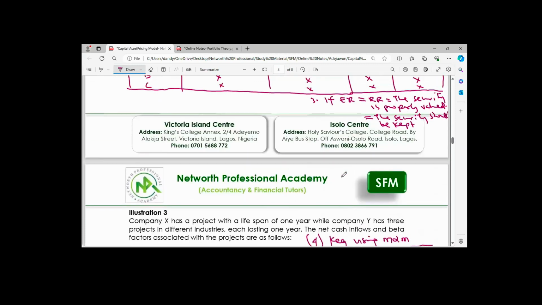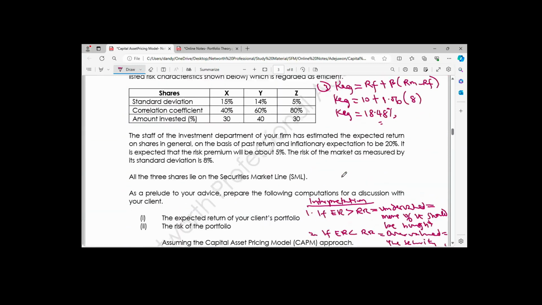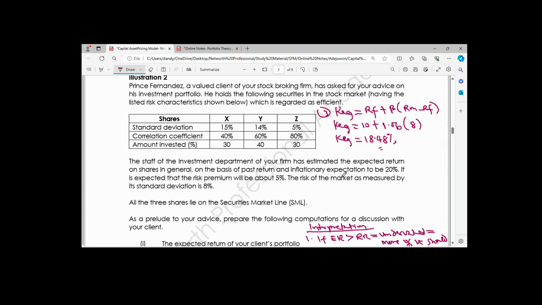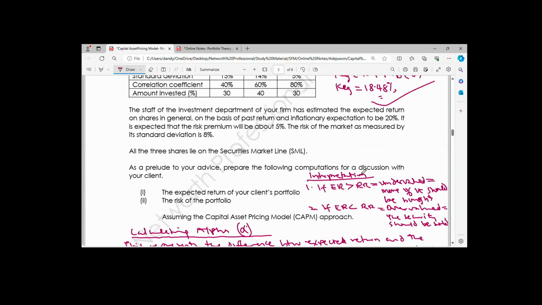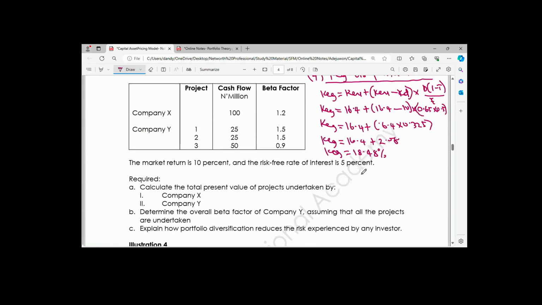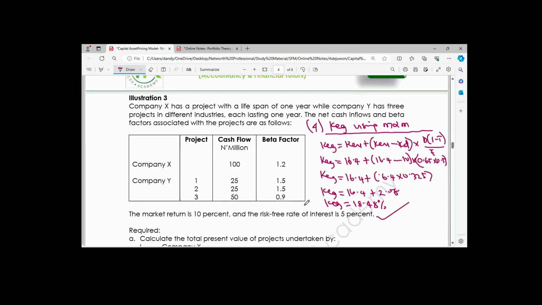When we calculated the cost of equity of a gear, we had 18.48. When you use Miller and Modigliani, we got the same answer, 18.48. That is what the examiner wants to achieve. All right. I believe that is clear.